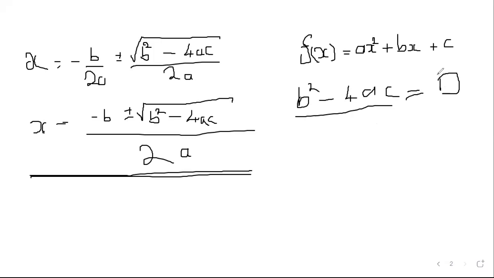So this is the discriminant, D. When D is equal to 0, you have equal roots.